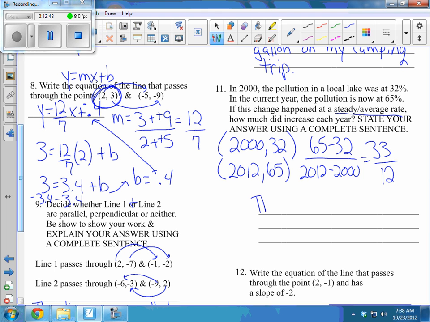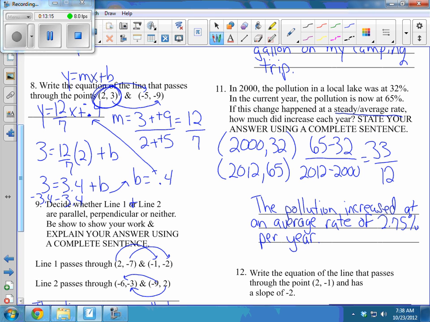So the pollution increased at an average rate of 2.75% per year.